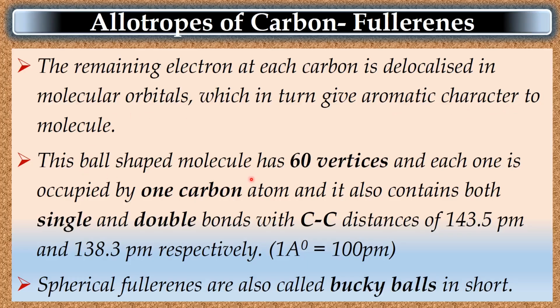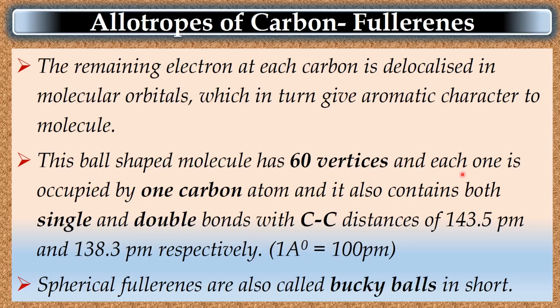aromatic character to the molecule. This ball-shaped molecule has 60 vertices. Here vertices means the corners or points where two or more edges, lines or curves meet in two-dimensional or three-dimensional shapes.